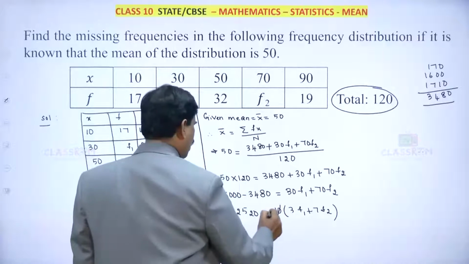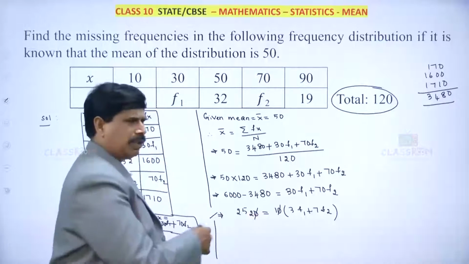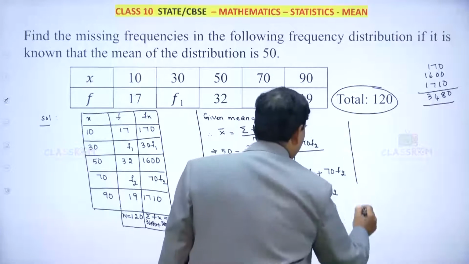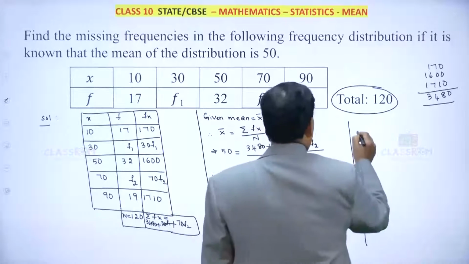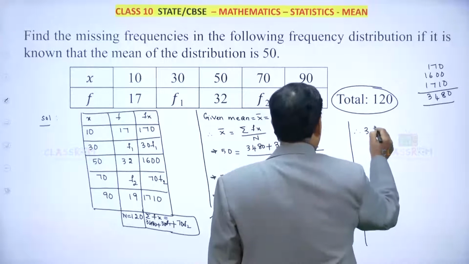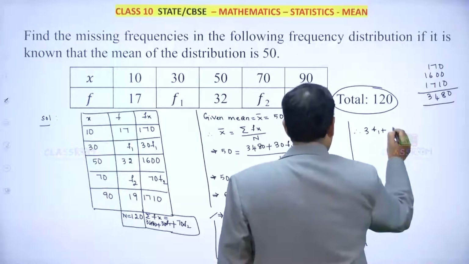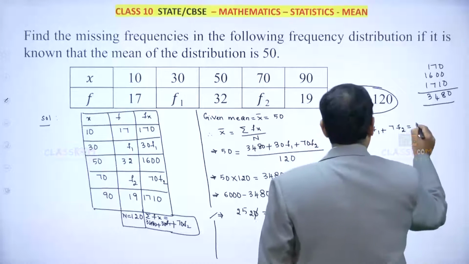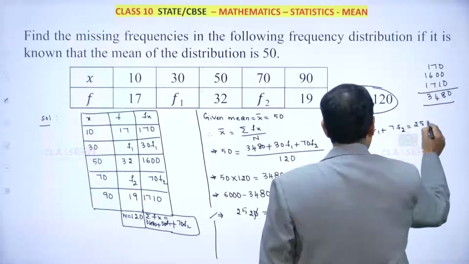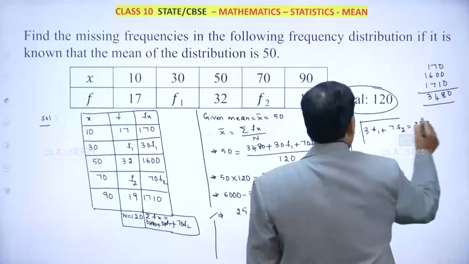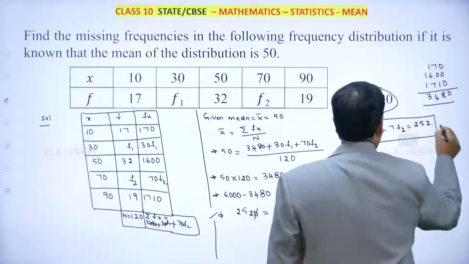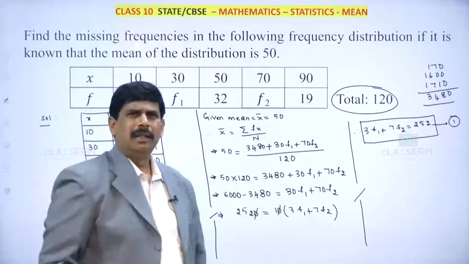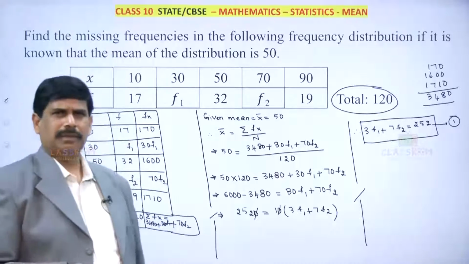Now this 0 and this 0 get cancelled. Therefore you are left with 3f1 plus 7f2 is equal to 252. Okay, this is equation 1, children. You take this as equation 1. We got the first equation.